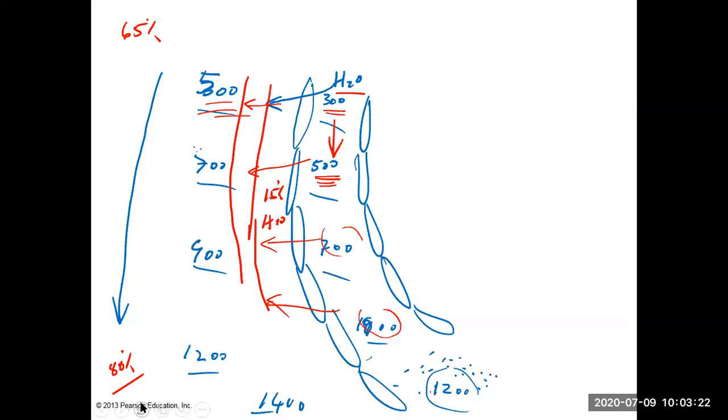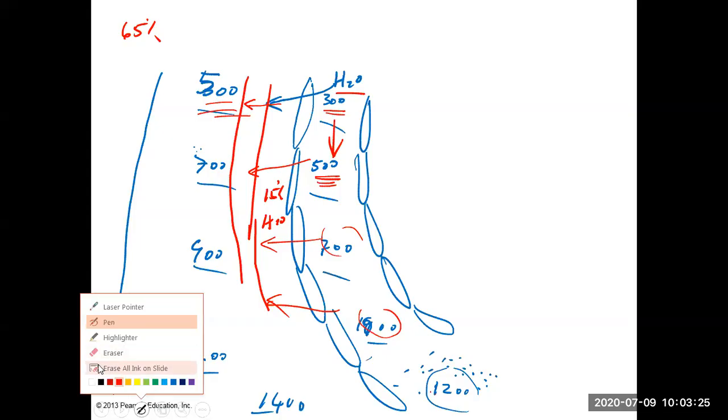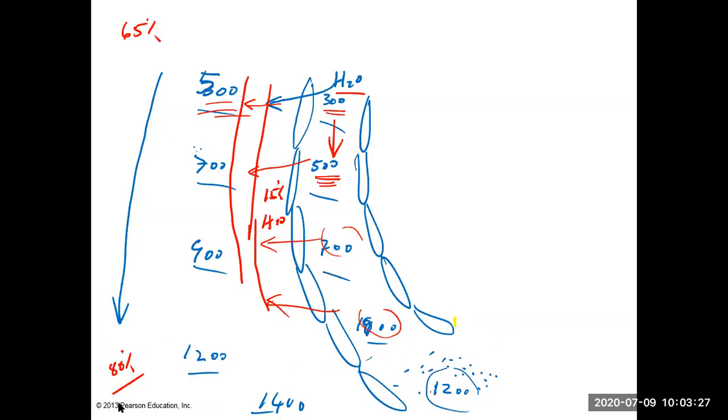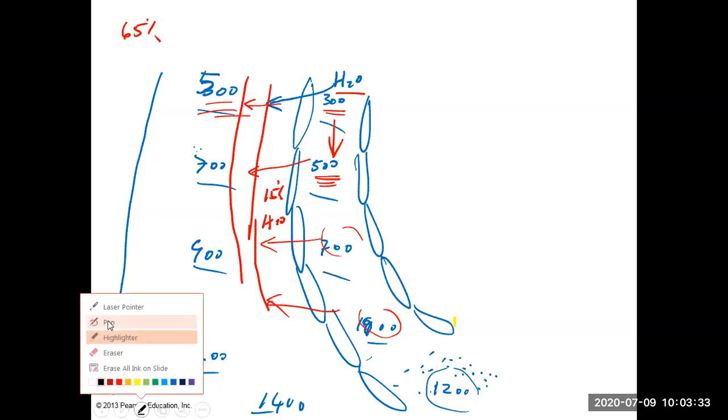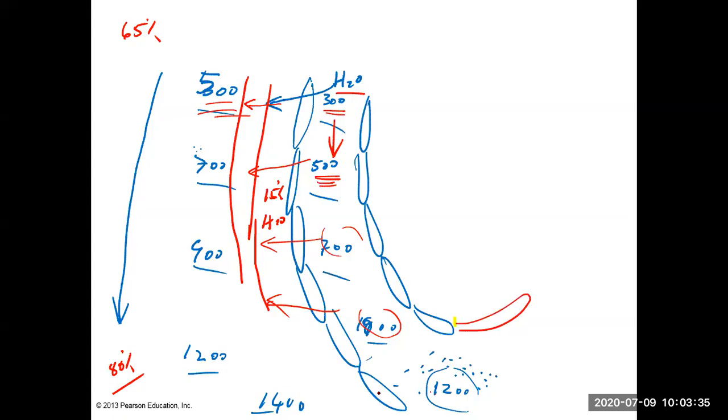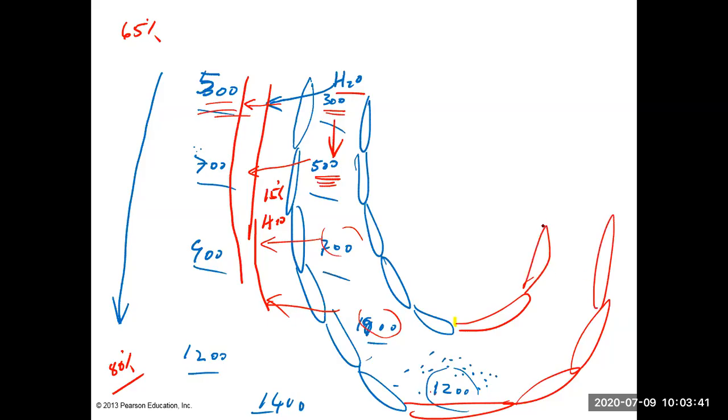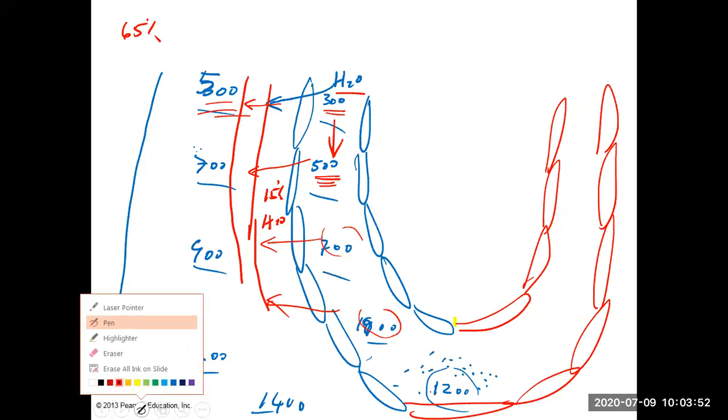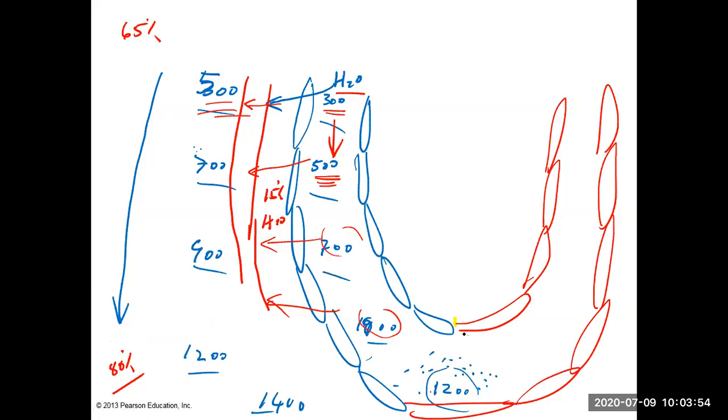All right, we're going into the ascending loop of Henle now. The ascending loop of Henle is this part. It is a little bit different because there is glycoprotein inside these cells, which makes it impermeable to water.